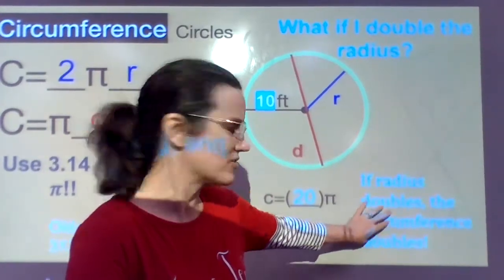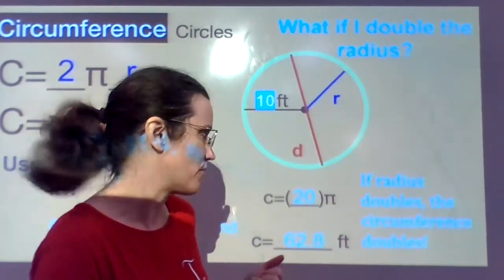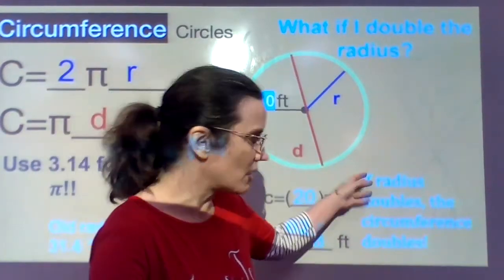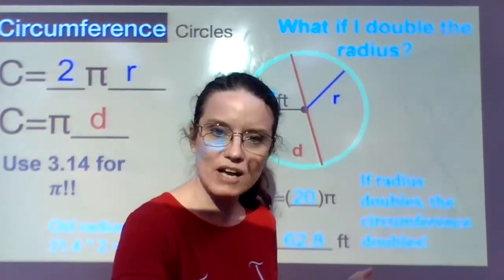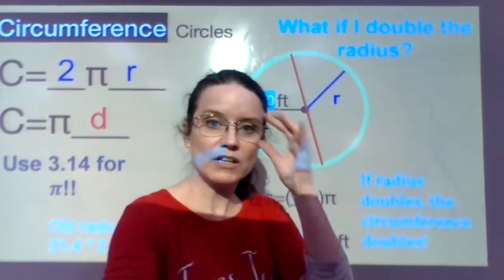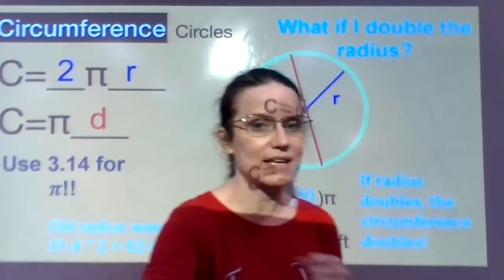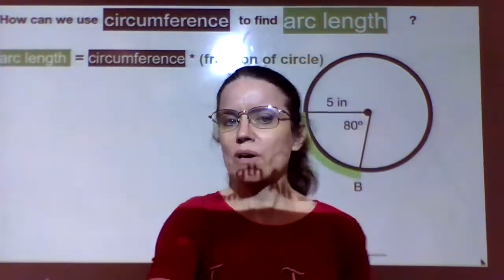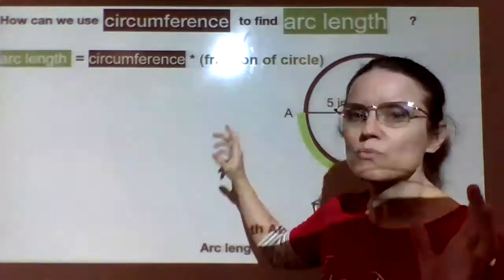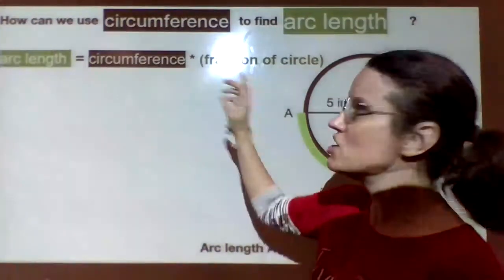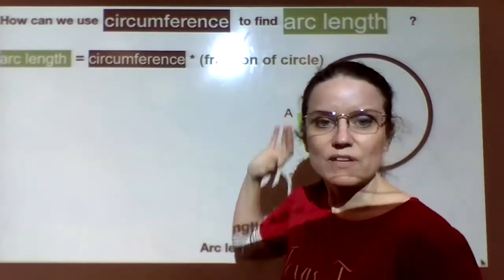That may be a little harder to see than I expected it to be up here on the board. But this just tells you that if you double the radius, you double your circumference. Fun. Good little relationship to know about. Lots of things like that happen in math. And so now we're going to talk about just an arc. How can we use that circumference we just found in order to find the length of an arc?